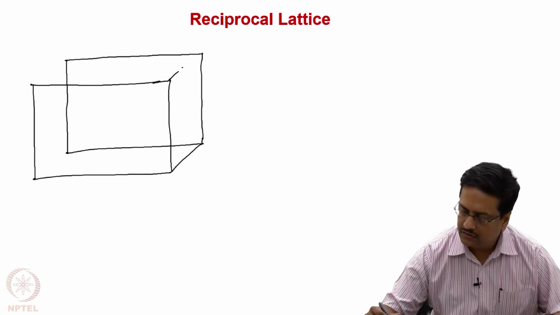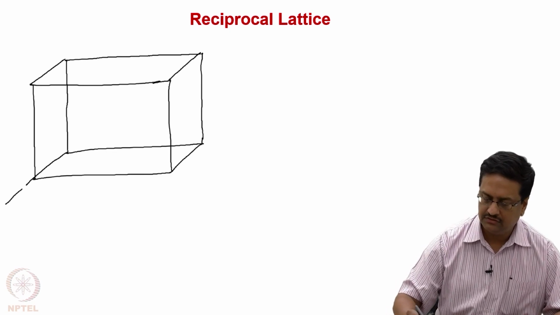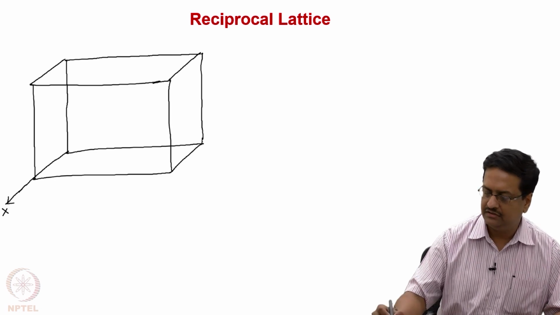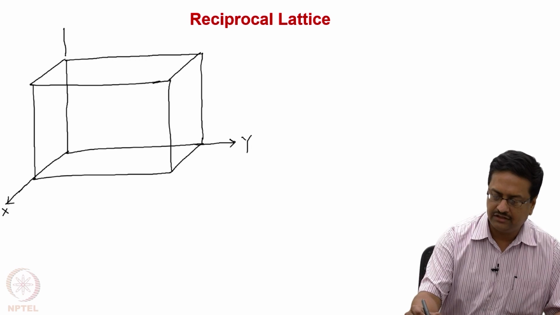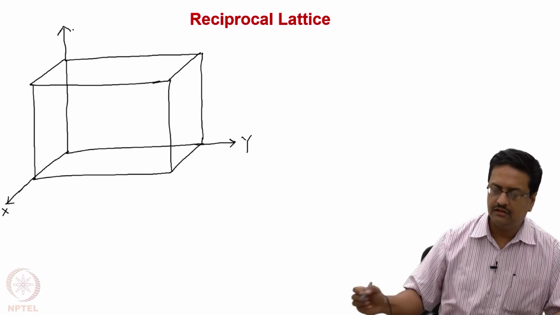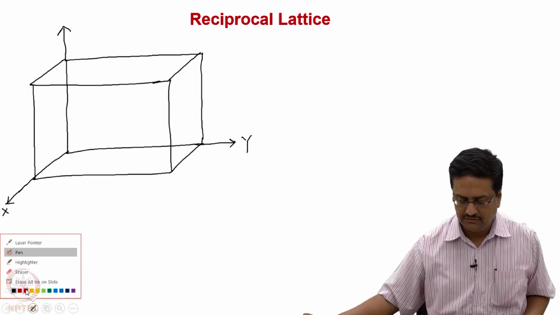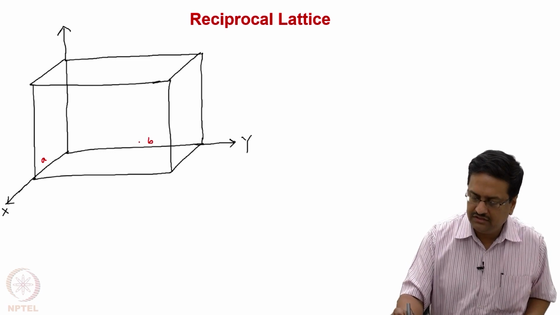So this is the orthorhombic lattice with X pointing this way, Y pointing here and Z pointing upwards. The edge lengths are A, B and C.